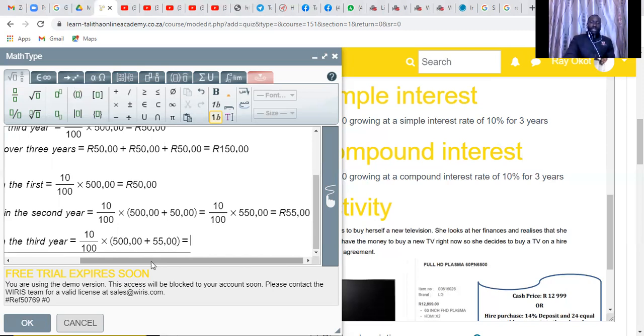Well, to be 10 out of 100 times 555. Let's check with the calculator how this is going to be calculated.